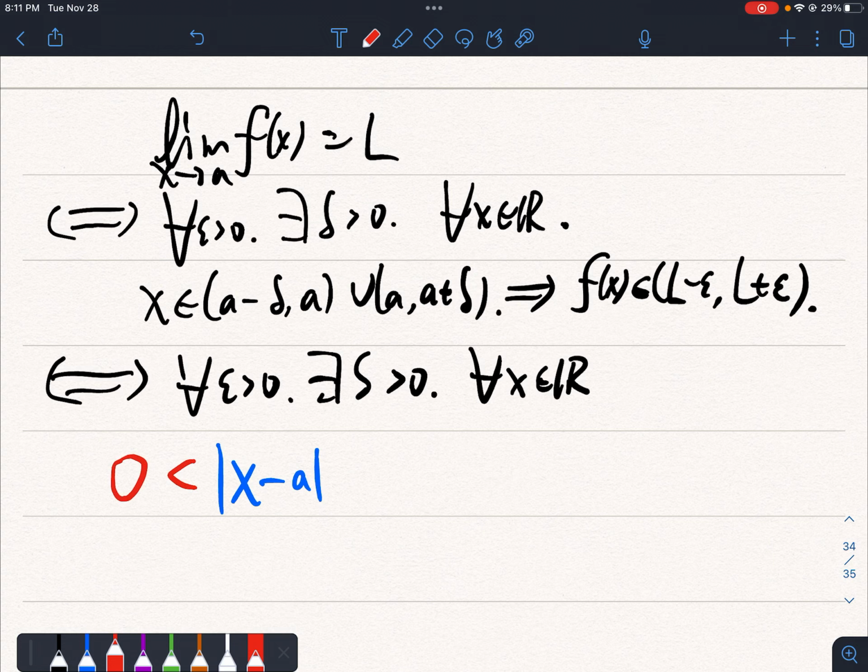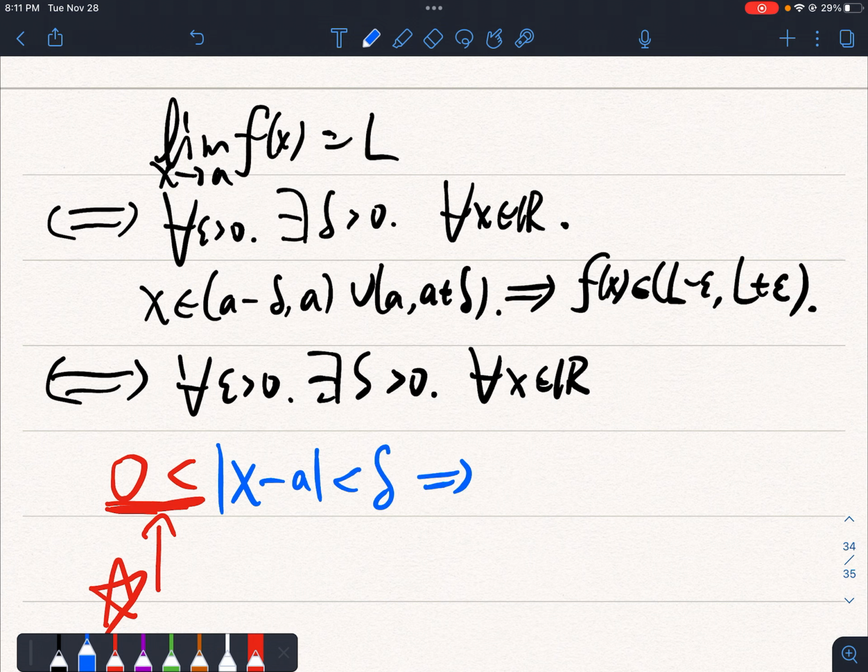I have to emphasize this, because we don't care about the value at this point at all. The function doesn't need to have a value at the point a at all. If you don't have this condition, you would have to define the value at this point, but you don't need to, right? So you have to add this bigger than 0. If you don't add it, you're wrong. This is very important.